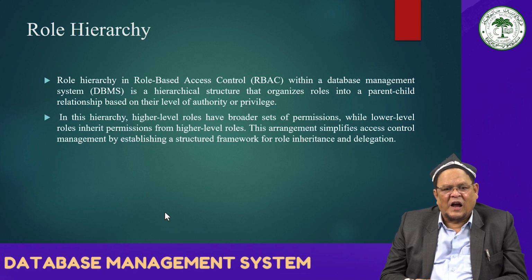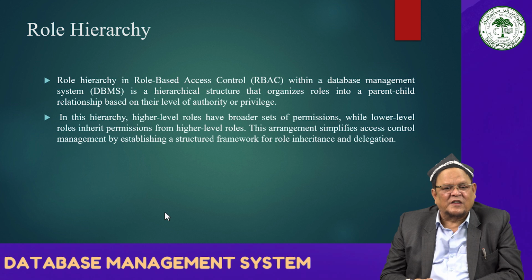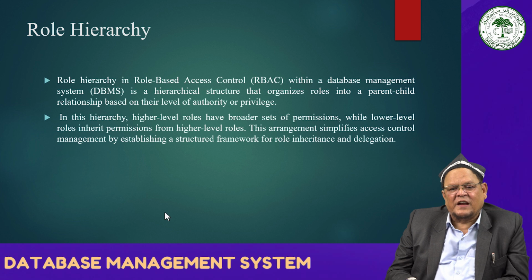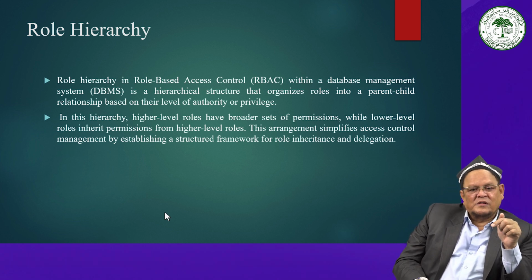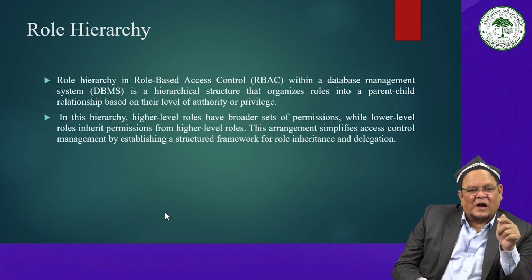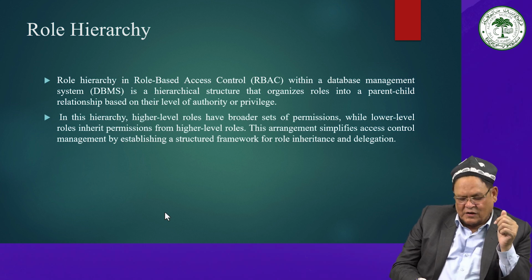In a hierarchy, higher level roles have a broader set of permissions, while lower level roles inherit permissions from the higher level roles. This arrangement simplifies access control management by establishing a structured framework for role inheritance and delegation. It means the broader permissions are at a higher level, and the lower level inherits the permissions from the higher level.